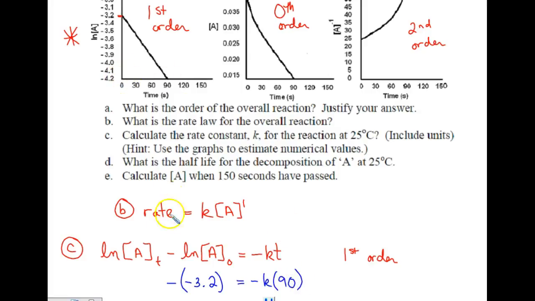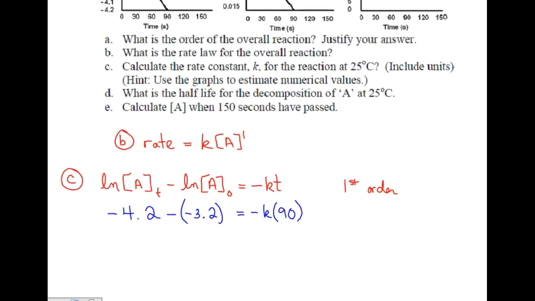And then it is negative 4.2 at that point. I will pause for a moment to punch this into my calculator. And so you subtract those two and divide by negative 90, and your K value should come up to be 0.011.